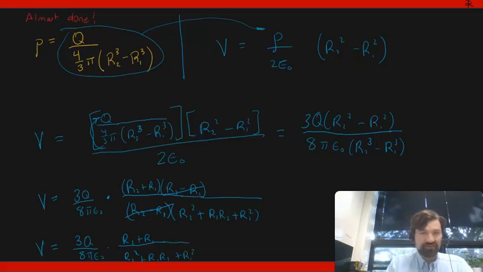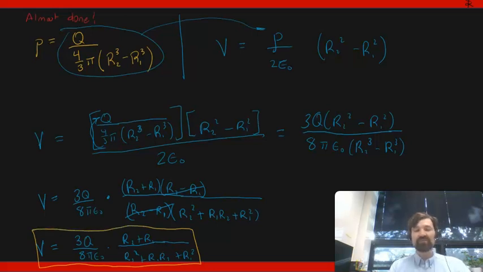And this does not further simplify. The bottom is not the square of the top because you would need an additional factor of 2 in this middle term to make that happen. So this right here is your final answer for the potential at the center of that charged, partially hollowed sphere.